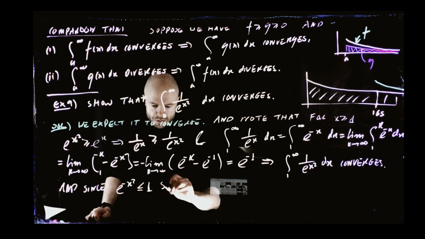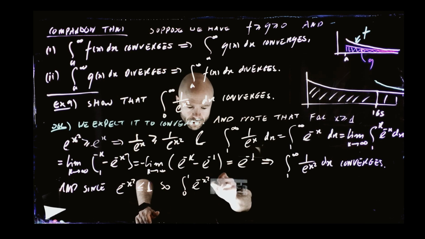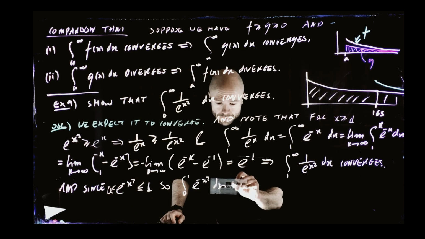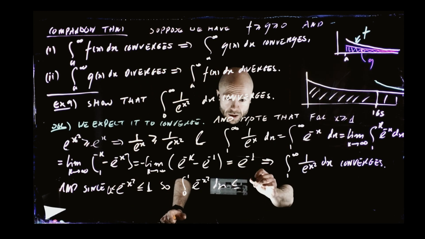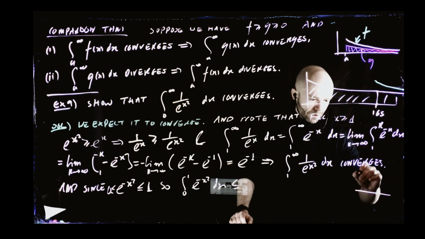So the integral from 0 to 1 of e to the minus x squared dx, it's a positive function, right? This function is less than 1, and we're integrating it from 0 to 1. So this is 1.